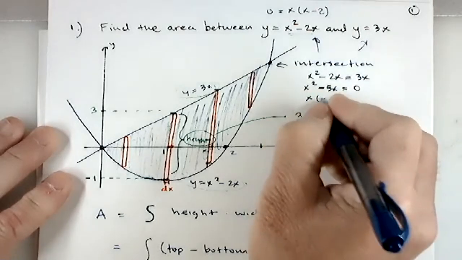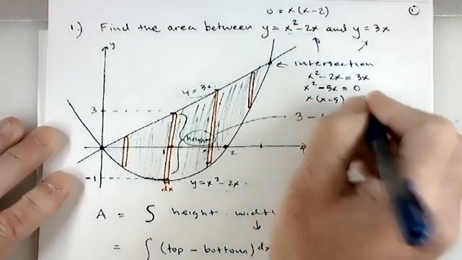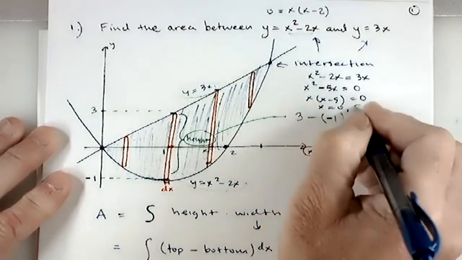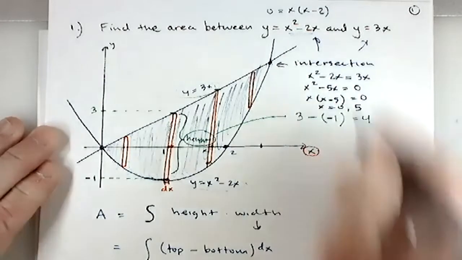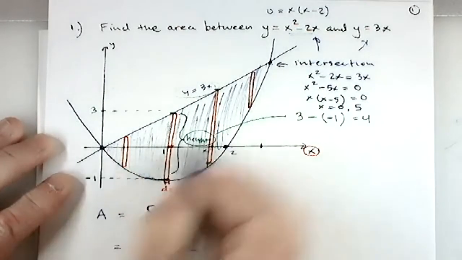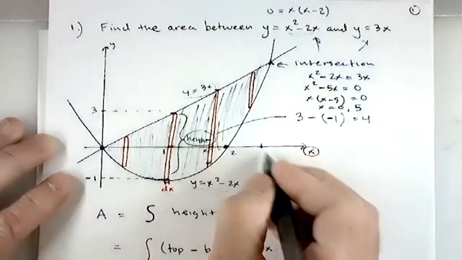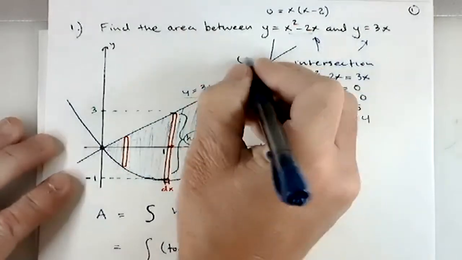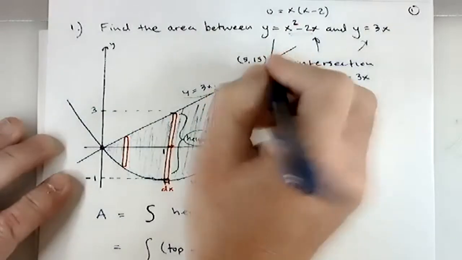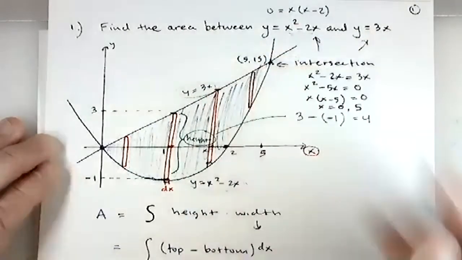Factor out an x. Can you see I'm going to get either 0 or 5 as an answer there? The 0 I already knew, I know they intersect at 0, but now it tells me that this x value is 5. I don't really need the y value, but if I wanted to, I could plug it into either one of these. It's going to give me 15.